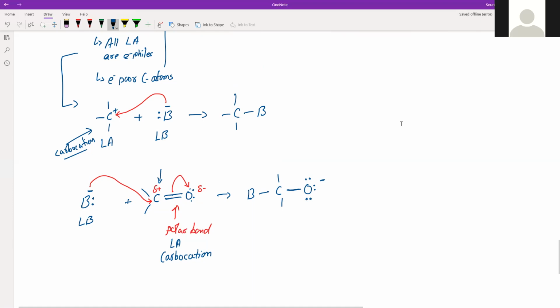Now, the opposite of that: if we start from here, they are all Lewis bases. They are nucleophiles. So a nucleophile is a Lewis base.